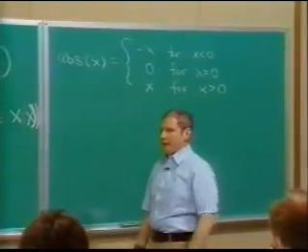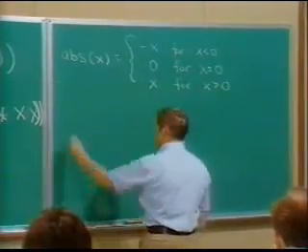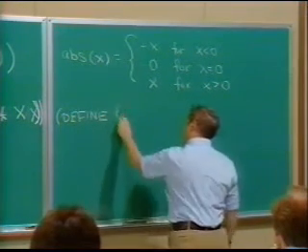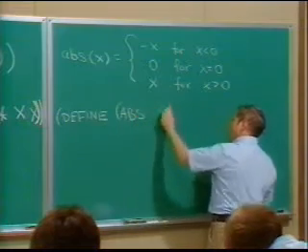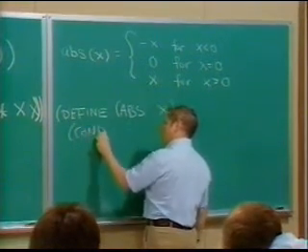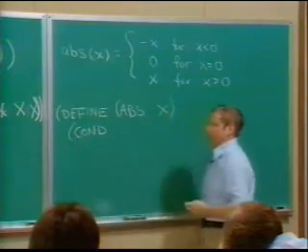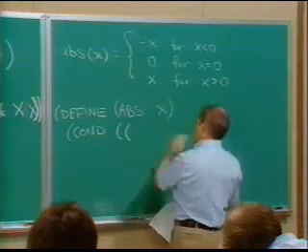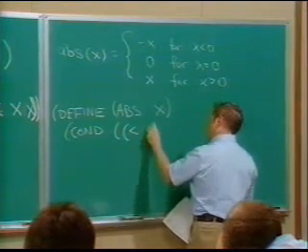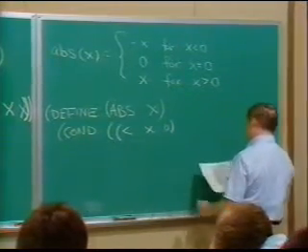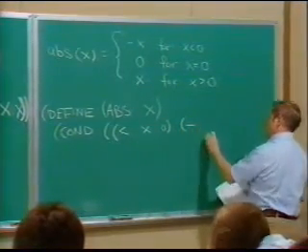And Lisp has a way of making case analyses. Let me define for you absolute value. Say define the absolute value of x is cond. This means case analysis. Okay. If x is less than 0, the answer is negate x.